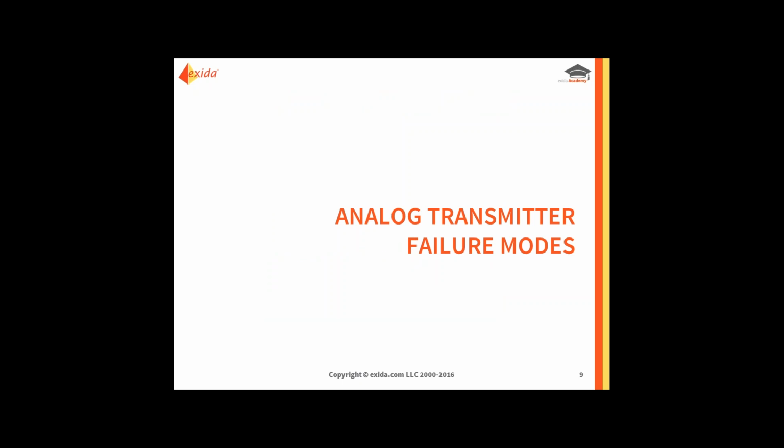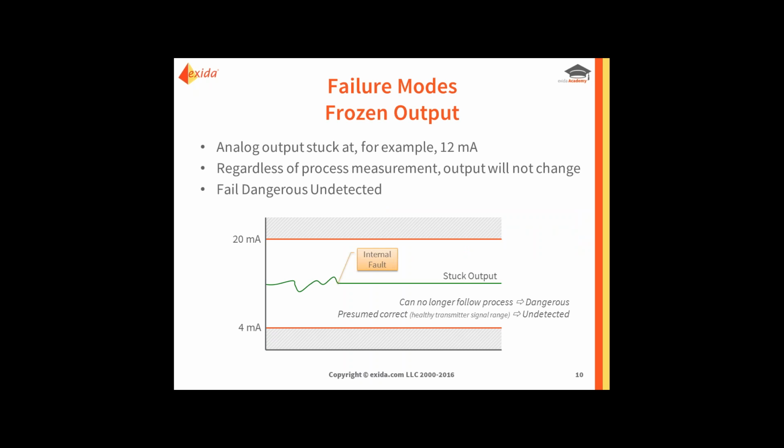So let's look at typical failure modes that we will see as a result of a detailed analysis of these transmitters, for example, performed using a failure mode effect and diagnostic analysis. One of the failure modes that we come across is a frozen output.